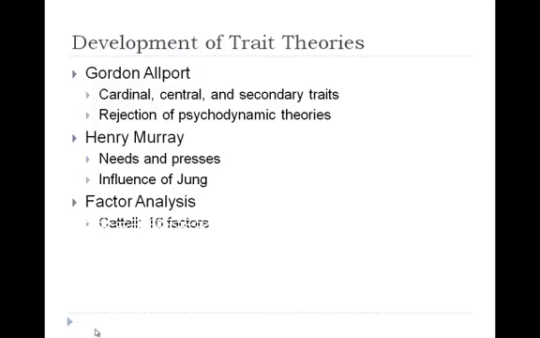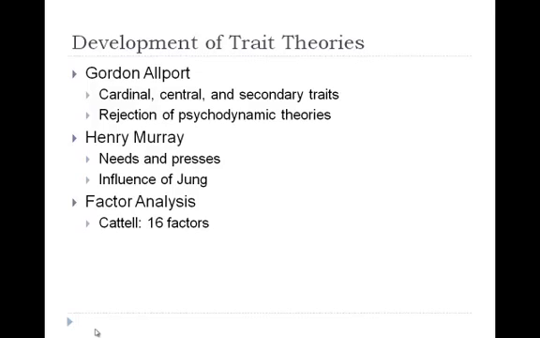And Cattell was the first to apply factor analysis to personality theory, which he learned about while studying with Spearman, looking at actually intelligence, but then took the approach developed by Spearman to study intelligence and applied it to personality, and came up with 16 factors.